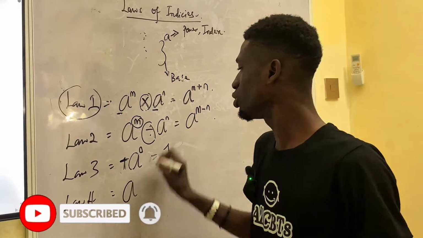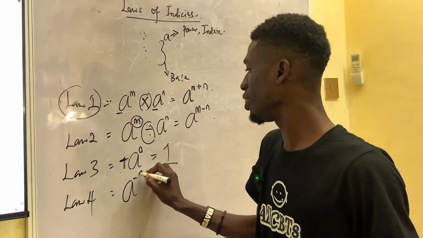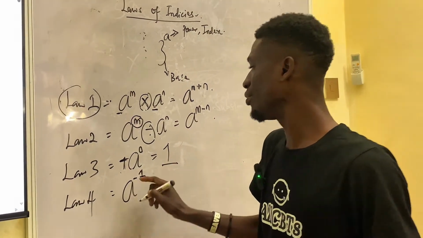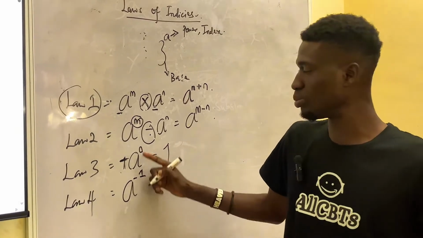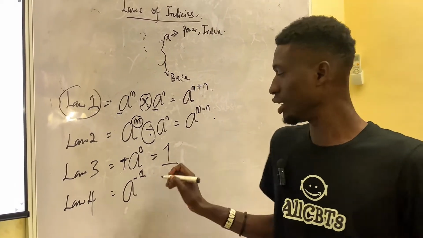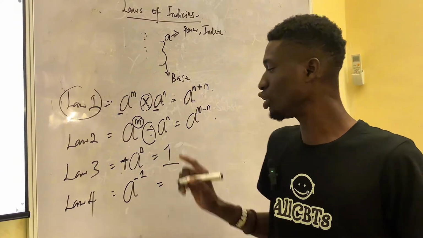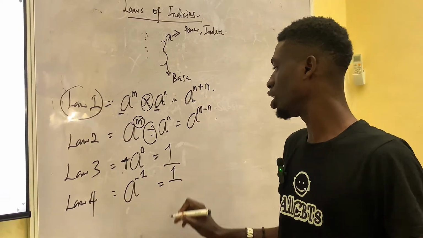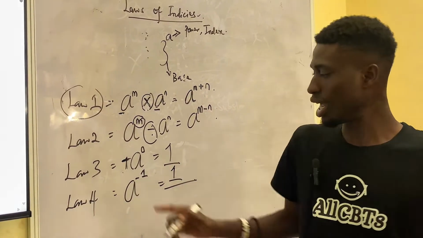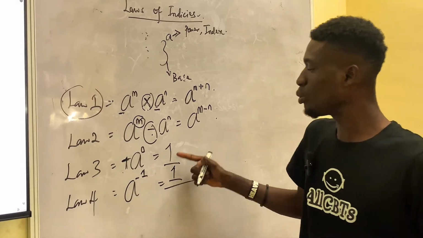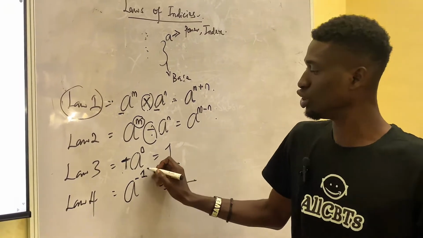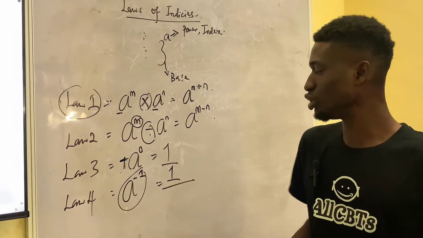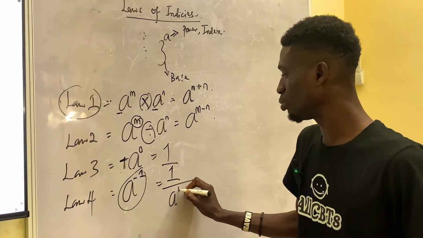tells us that once we have anything raised to a negative power, that means if your base is raised to a negative sign, then the negative automatically will lead us to 1 over. Now this negative power will become 1 over your quantity given to you, that's a raised to power what?